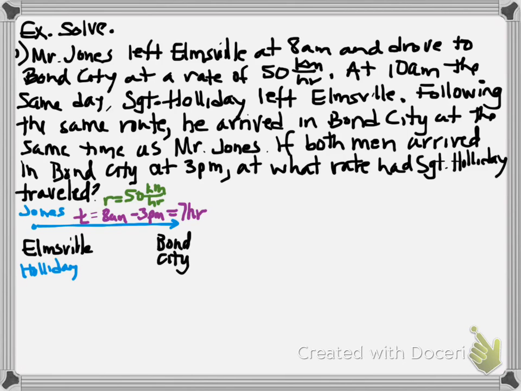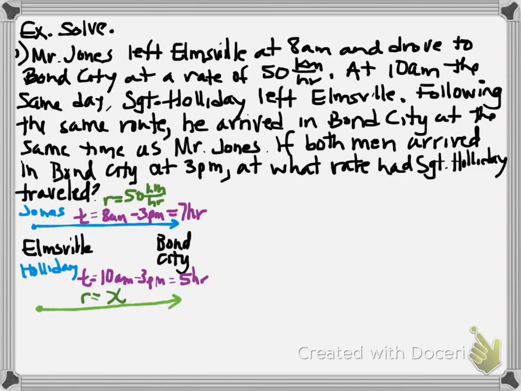All right, and then we had Holliday. And his time was a little different. He left at 10 a.m. but arrived at 3 p.m. So how long did it take him to travel? He was 5 hours. And his rate is the one we don't know. So we're going to use X to represent his rate, because we only have one unknown. So let me draw his little line. So Holliday does this.